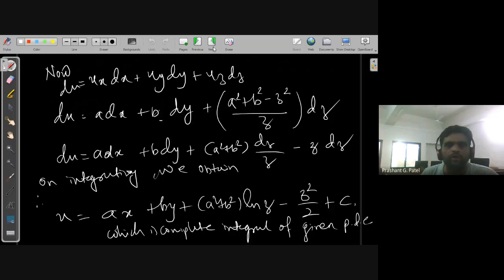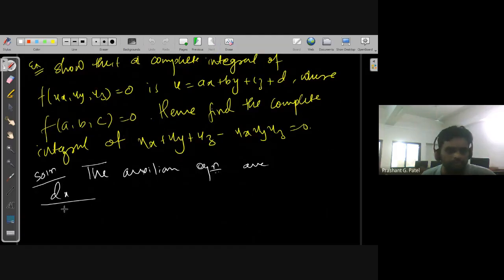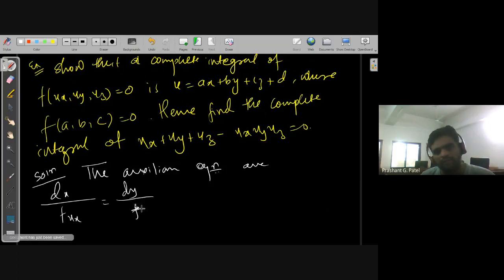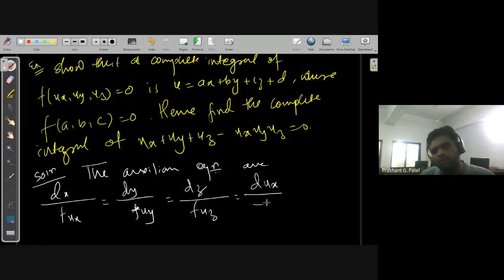So that is our auxiliary equation for this Jacobi method. It tells us that dx upon fux is equal to dy upon fuy is equal to dz upon fuz is equal to dux upon minus fx, duy upon minus fy, duz upon minus fz.